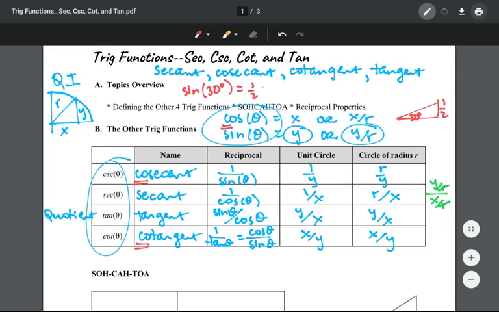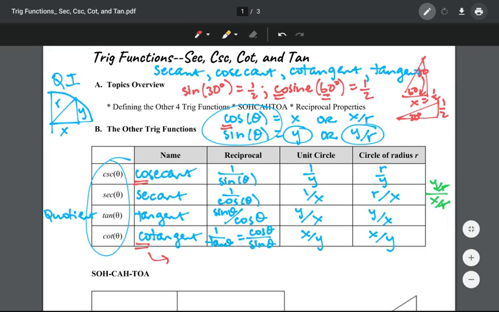So that's 1/2. If I look at the cosine of 60 degrees, now I've got the cosine of the complementary angle. These two add up to be 90. So the cosine of 60 degrees is going to be the x, which is still opposite 30, and I get 1/2. So that's going to be true for all of these.